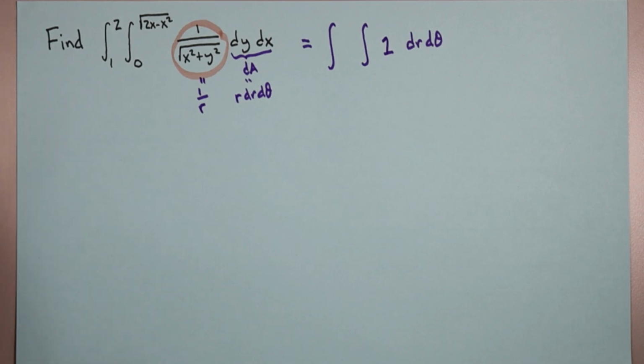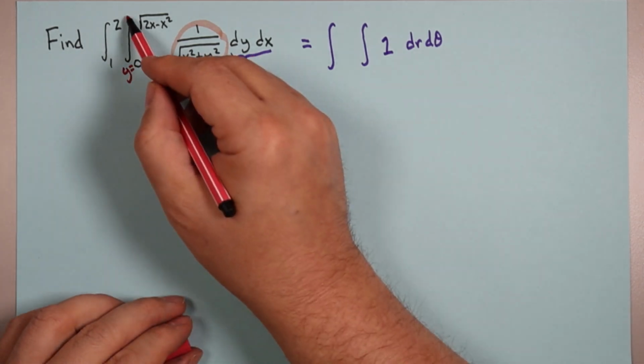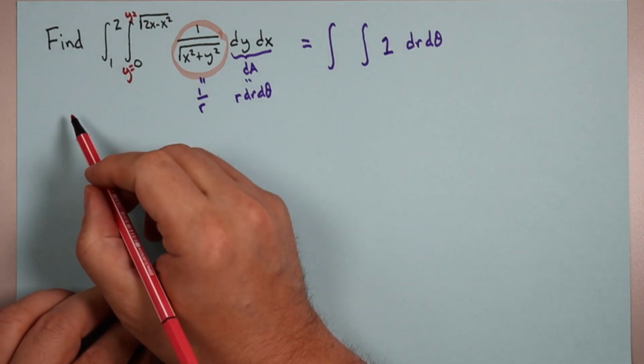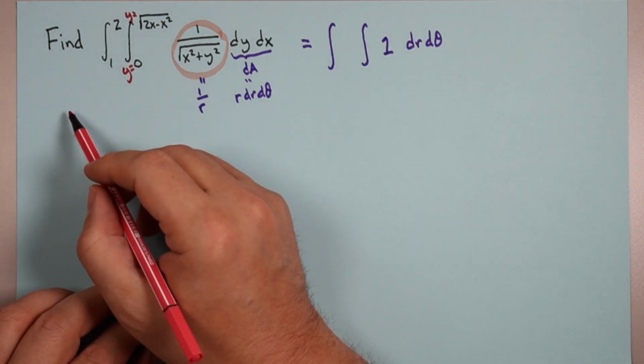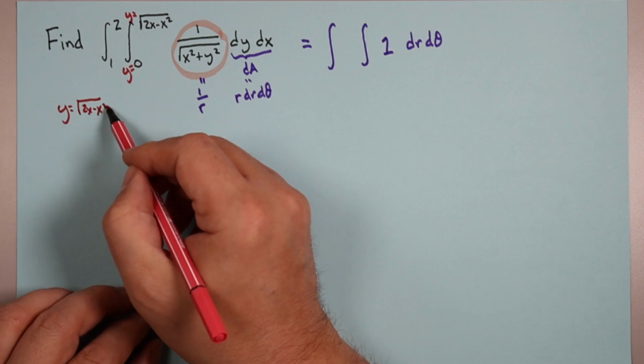All right, so what do we have? We have some bounds here. Certainly, let's focus on these curves: y equals 0, and y equals square root of 2x minus x squared.